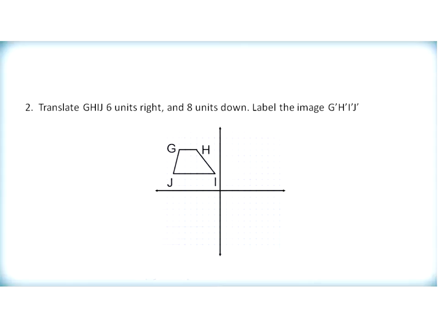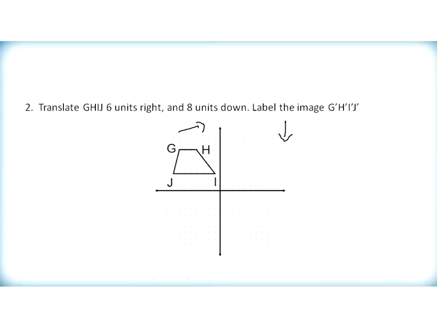Okay, I want to translate now GHIJ 6 units to the right, which is in this direction, and 8 units down, which is this direction. I'm going to then label my new image G prime, H prime, I prime, J prime. So the first thing I'm going to need to do is take each point and translate it 6 units to the right.